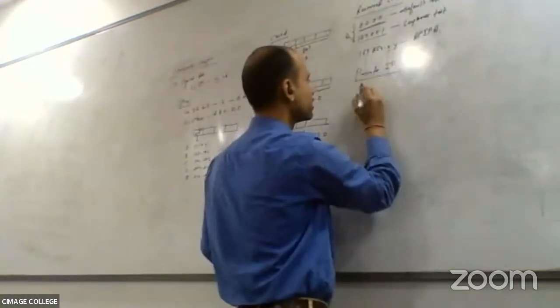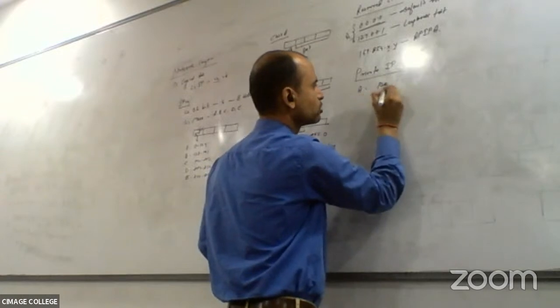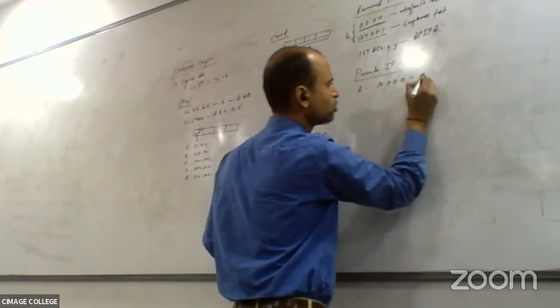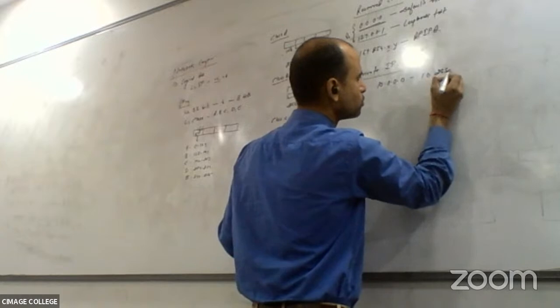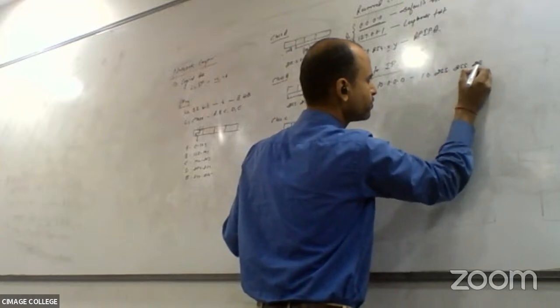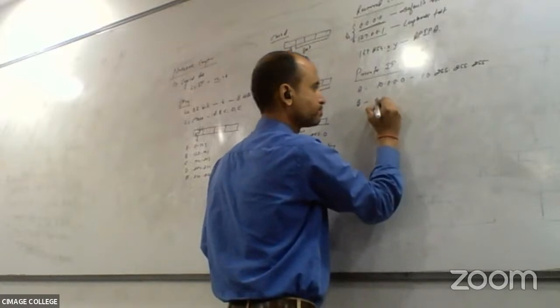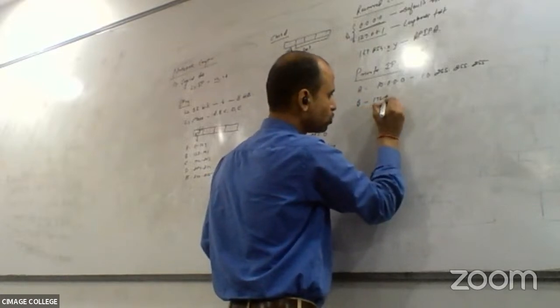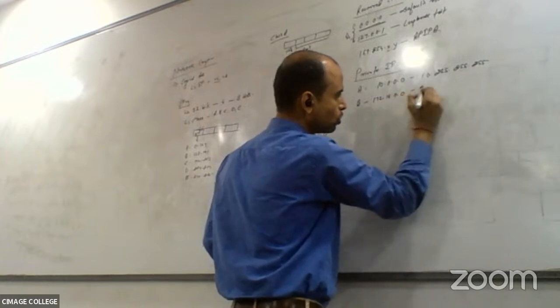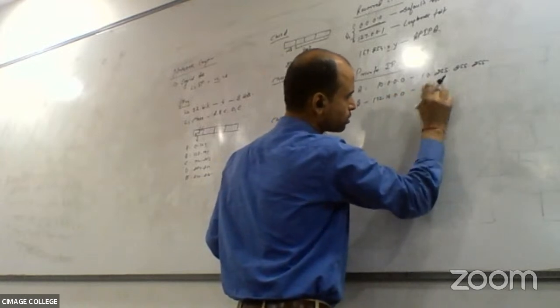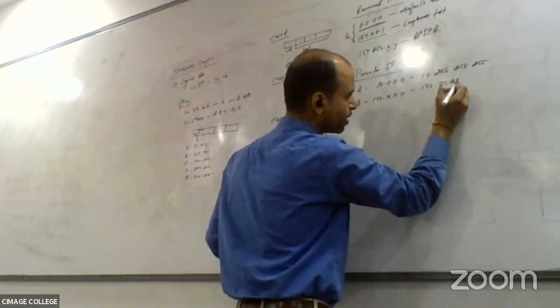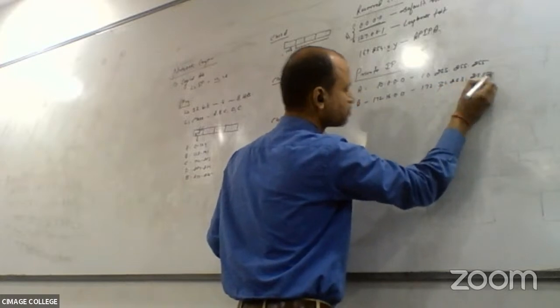The IP addresses of class A are 10.0.0.0 to 10.255.255.255. And in class B, 172.16.0.0 to 172.31.255.255.